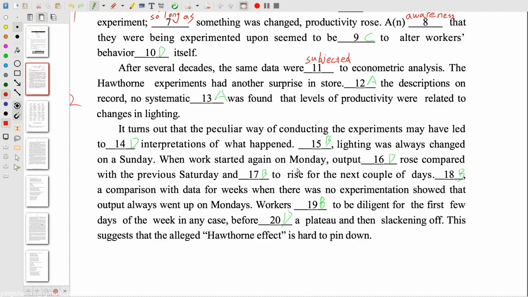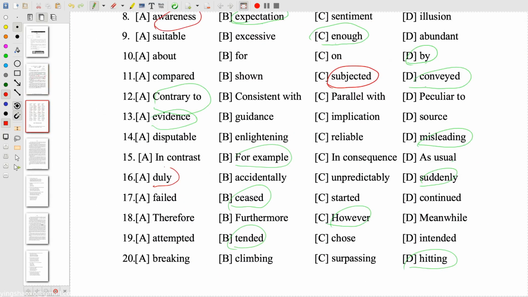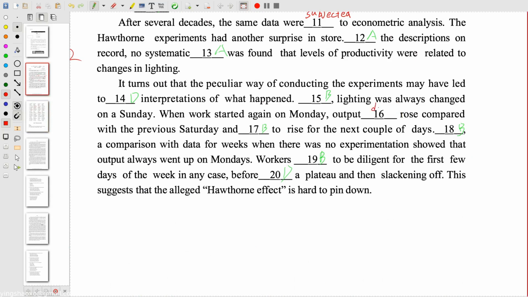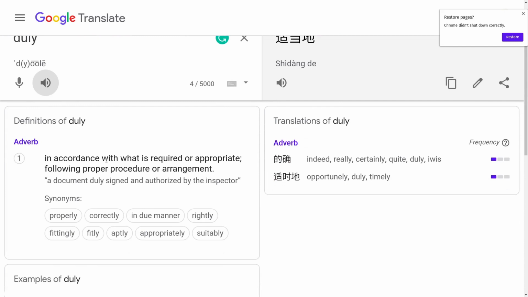When work started again on Monday, output, we should choose A here, duly. I didn't know this word before. Duly: in accordance with what is required or appropriate, following proper procedure or arrangement. A document duly signed and authorized by the inspector.